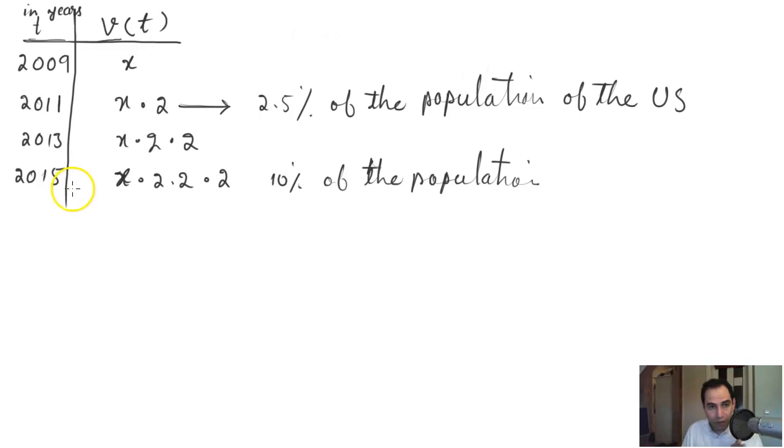Of course, assuming that the same rate of change is going to happen throughout all the years, all the way up to 2050. Up to 2050 it's going to be 80%. So this is basically an exponential function that grows over time like this, and you already know almost everything about it.